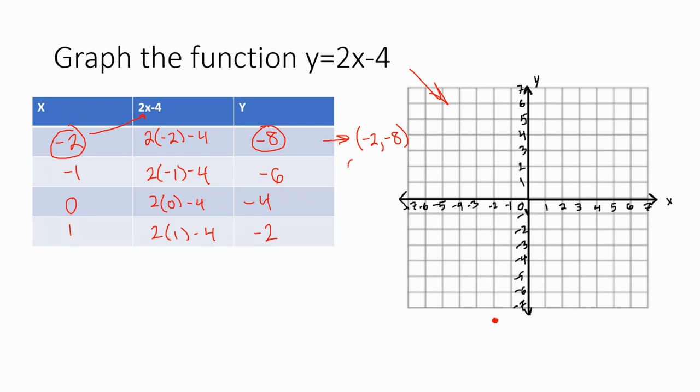All right, next one. How about I have -1, comma, -6? Okay, well, -1, comma, -6. Start with your pen at the origin, go to the left one, and down 6, and we would be here. I'm going to go ahead and fill in the rest of those where they belong. And what you should see happen is, because these are linear functions, linear means they form a straight line.